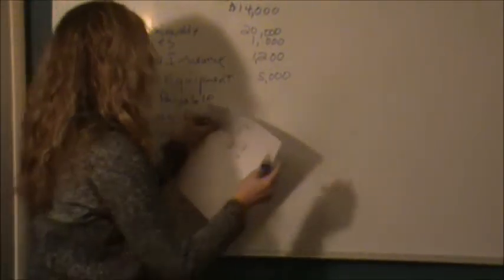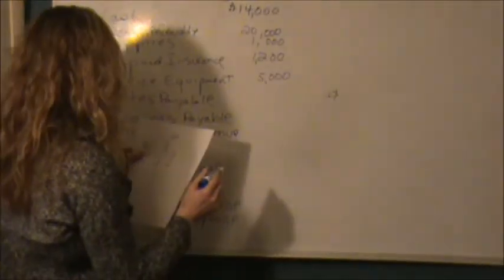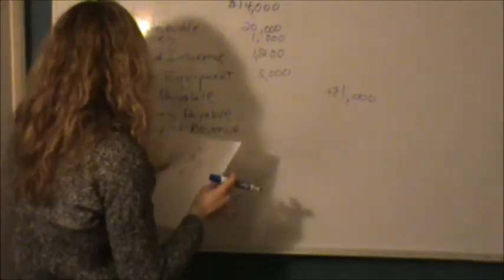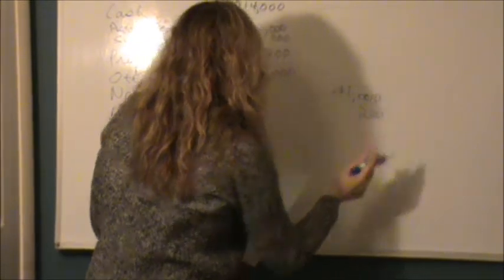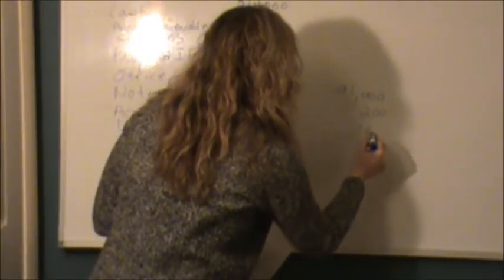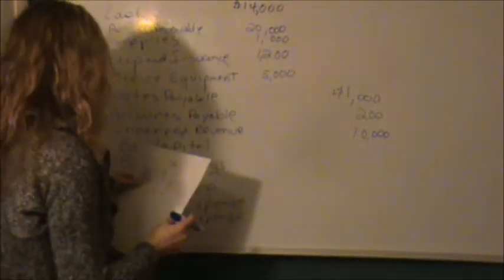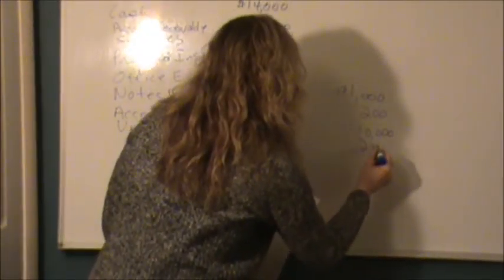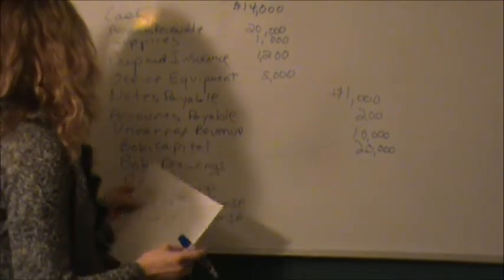Now, I'm going to go to notes payable, our $1,000. We have our accounts payable, which is $200. We have our unearned revenue, which is $10,000. And we have Bob Capital at $20,000.